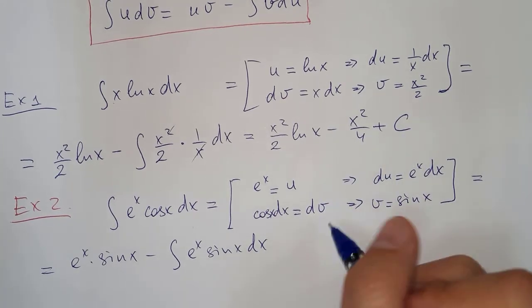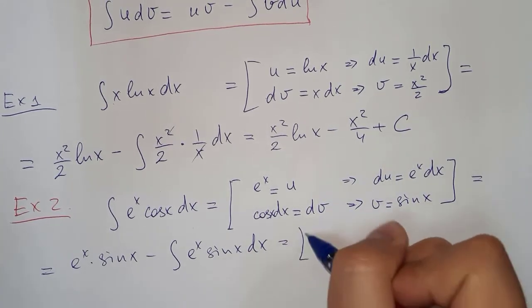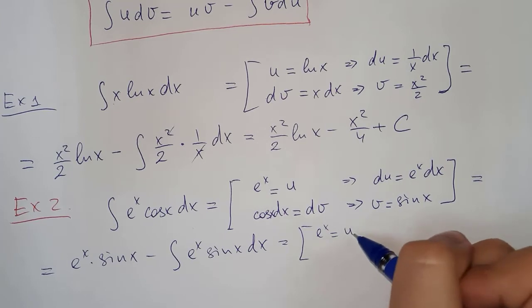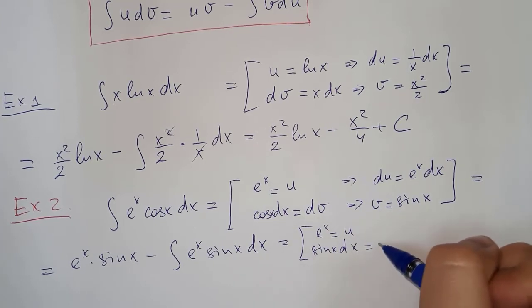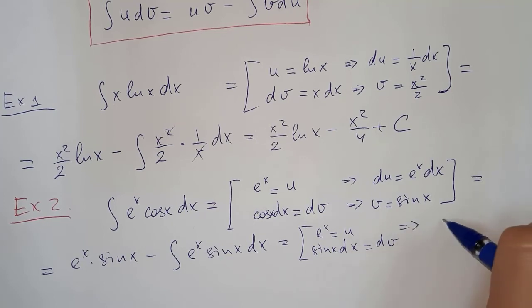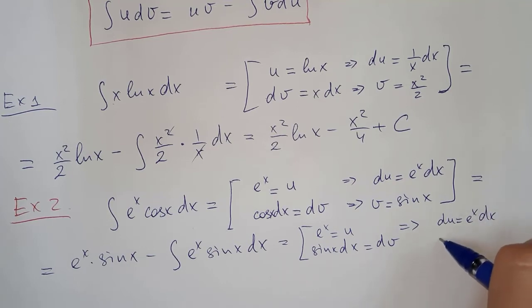And let's continue. Again, now e to the power of x is u, and sine x dx is dv, hence du is e to the power of x dx, and v is cosine x now.